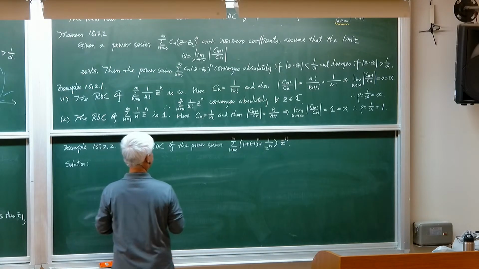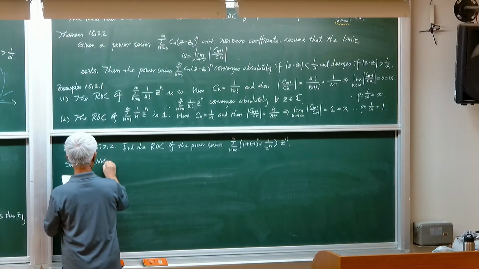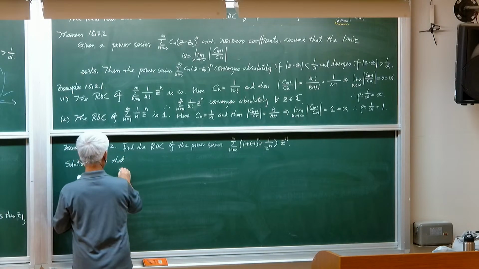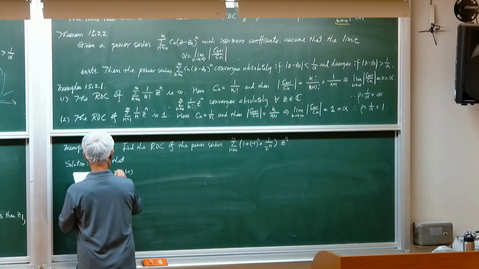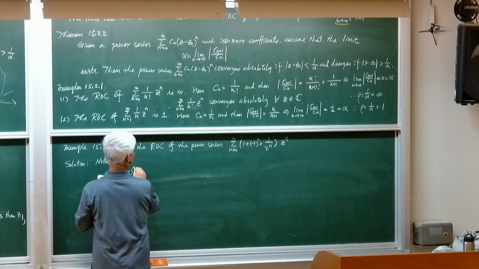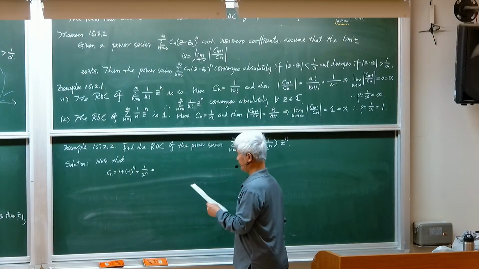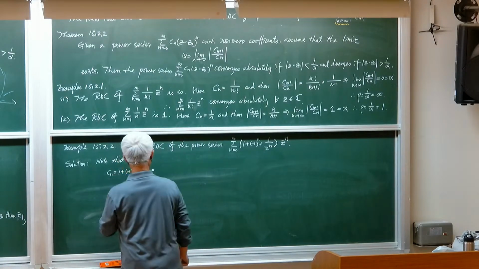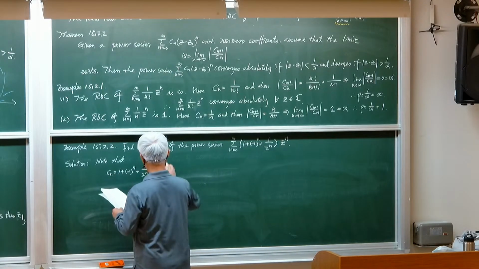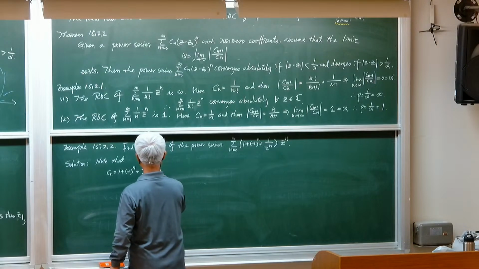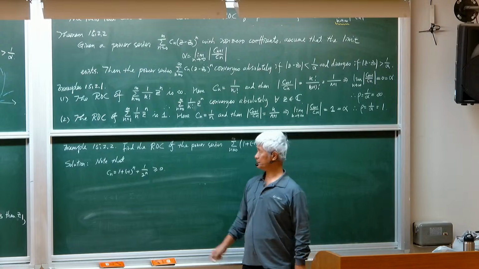All right, so note that 1 over the coefficient Cn is equal to, and as we know, the Cn is always greater than or equal to 0, so never negative.